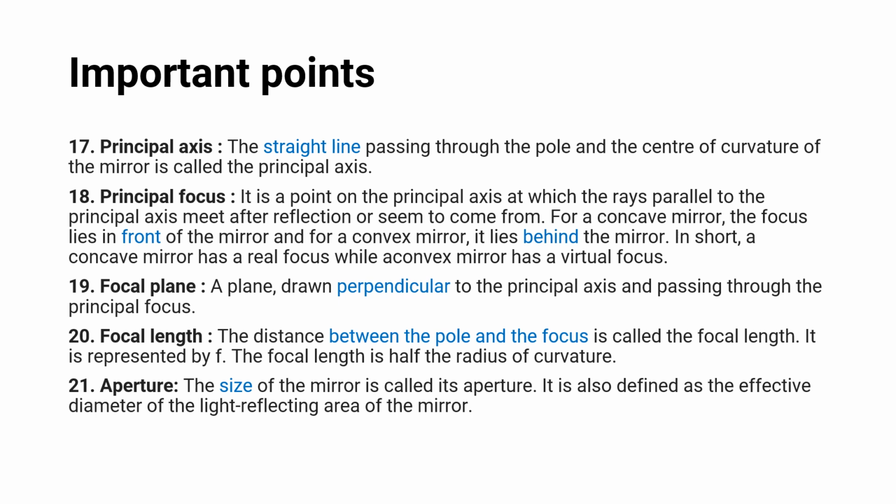Focal length. The distance between the pole and the focus is called focal length. It is represented by small f. The focal length is half the radius of curvature. Aperture. The size of the mirror is called its aperture. It is also defined as the effective diameter of the light reflecting area of the mirror.